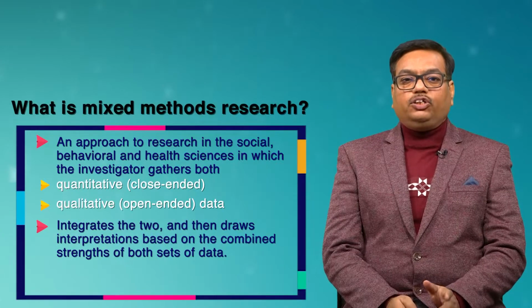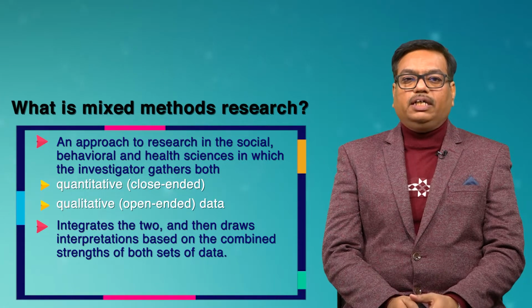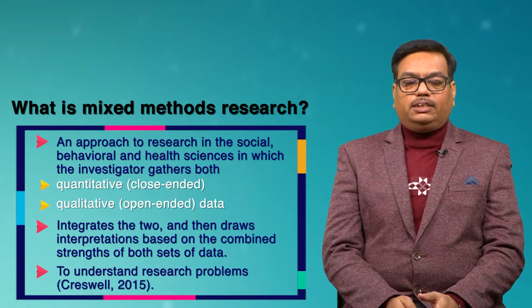Now, in other types of research, sometimes we only collect quantitative data or qualitative data, but in mixed method research, the researcher collects both quantitative data and qualitative data, and then integrates the two, and then draws interpretation based on the combined strength of both sets of data to understand the research problem.